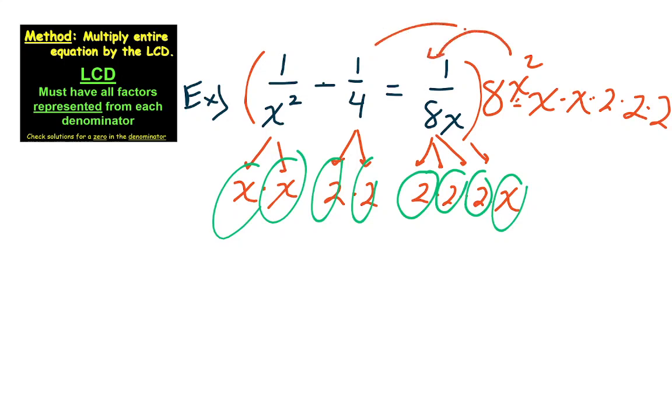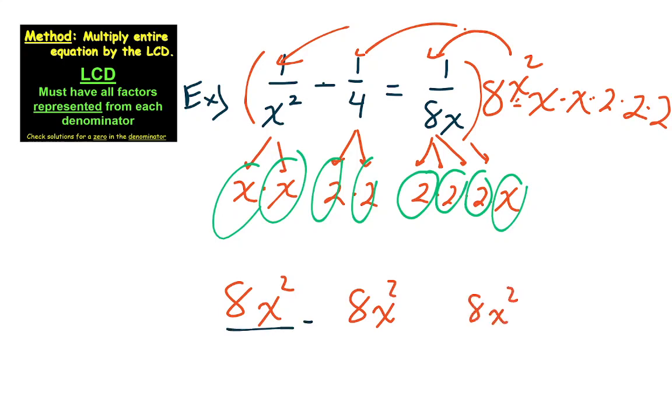Now you're going to take that 8x squared and multiply it to each numerator. I'm going to write that 3 times because I don't want to change the ink but one time. So here's the rest of the equation.